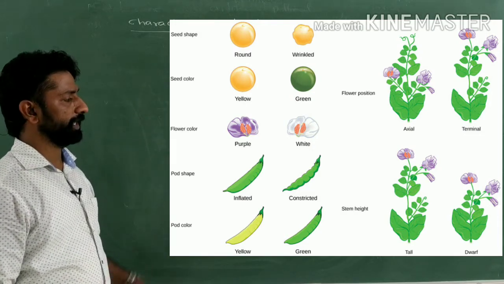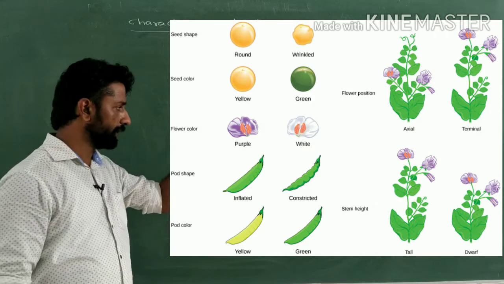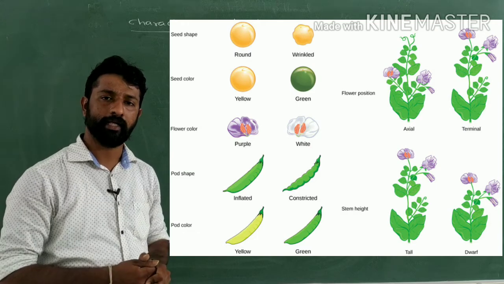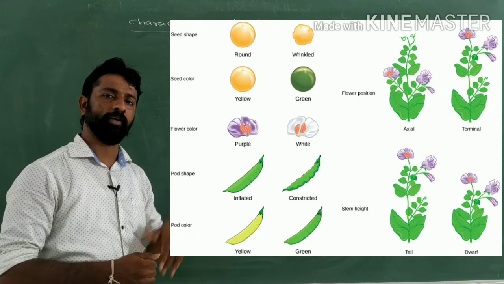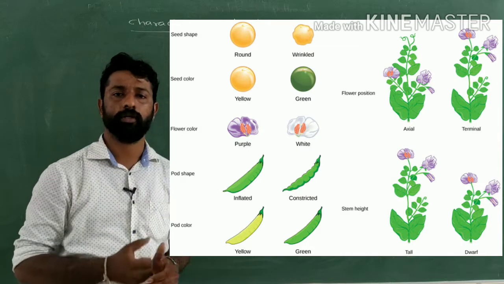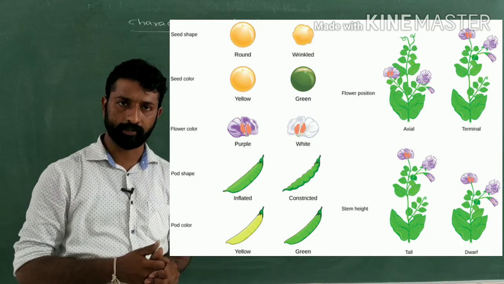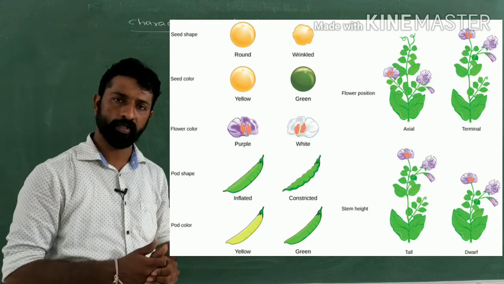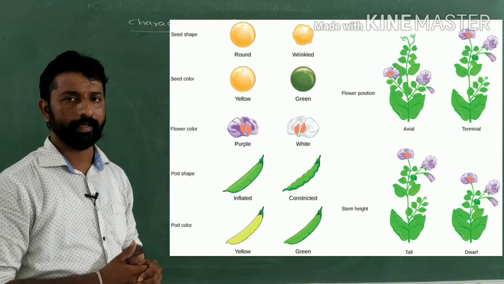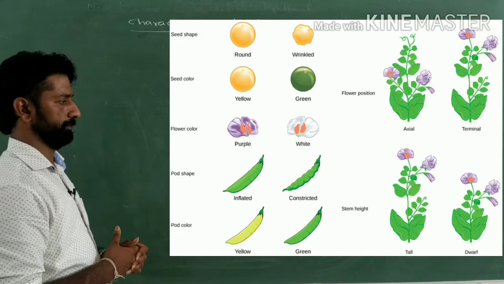And next is pod color. If the pod color is green, that green is a dominant trait of the pod color. If the pod color is yellow means it is a recessive trait. Pod color is a character. Its 2 traits, dominant and recessive, are green is the dominant and yellow is the recessive.